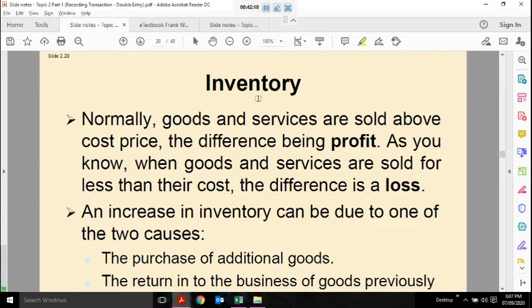But basically for the inventory, normally the goods and services under the inventory are sold at a different cost price, because usually we bought goods at different prices. For example, a laptop manufacturer buying laptop chips from Intel.